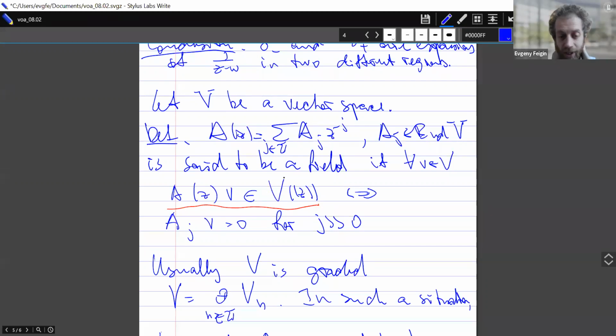And now A_J of v should be 0 for J large enough, because we want to have only finitely many negative powers of Z. Good. Any further questions?